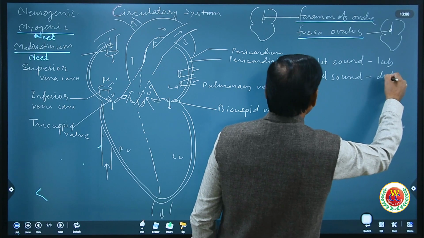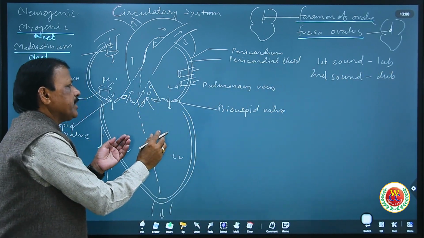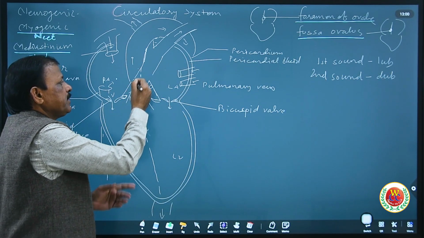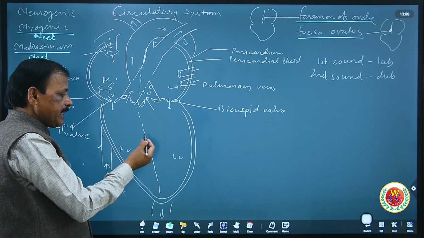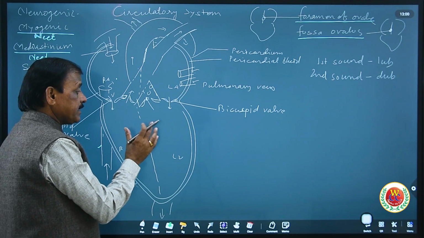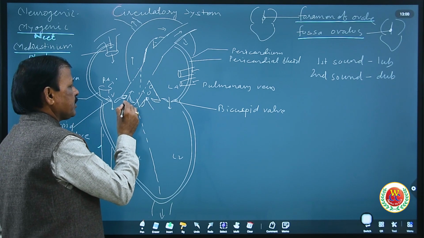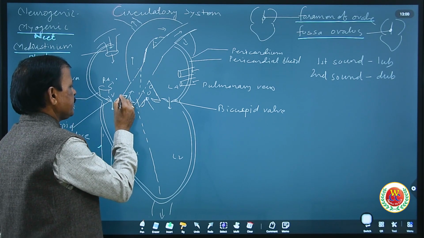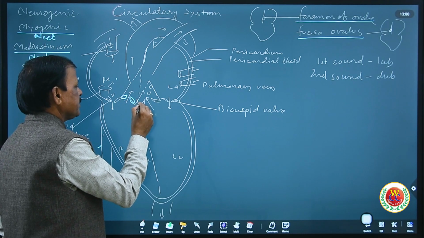How is dub produced? Now, when ventricles contract, blood is pumped into the pulmonary artery and aorta by the right ventricle and left ventricle respectively. When ventricles begin to relax, these two valves, called semilunar valves, get closed. See, I show the semilunar valves by this blue color.